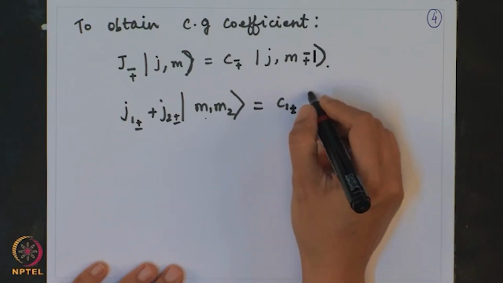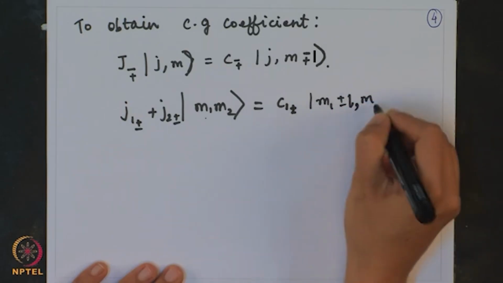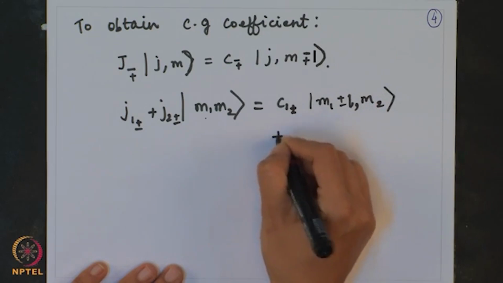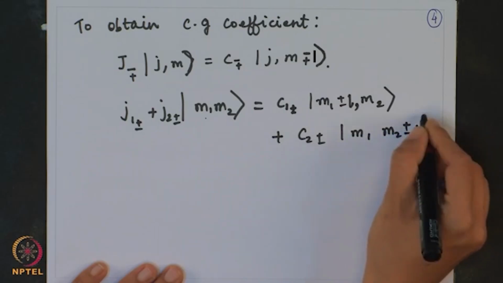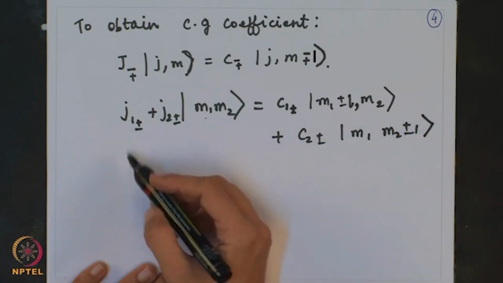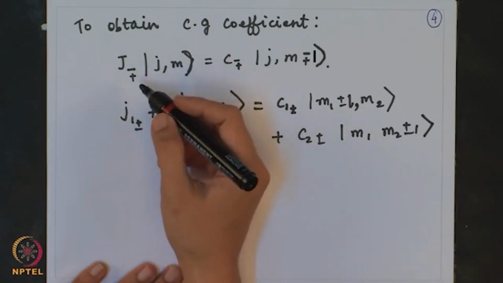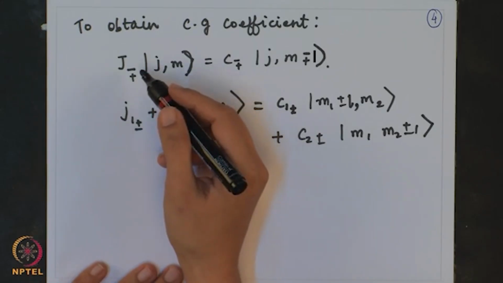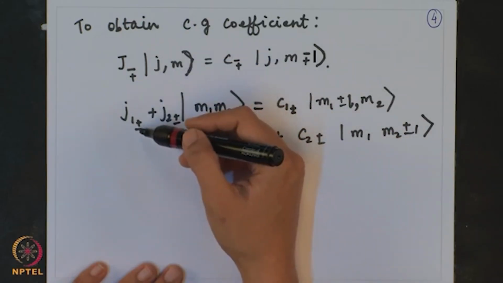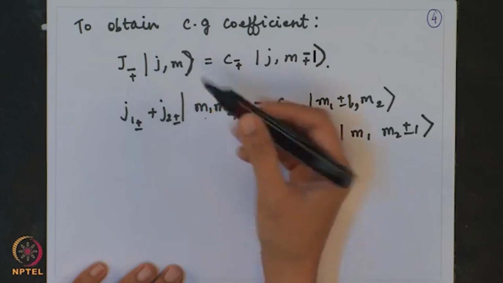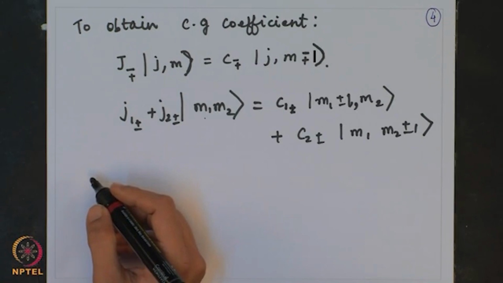So, C1 will give me M1 plus minus 1 comma M2, plus C2 times M1 comma M2 plus minus 1. So, the state will be either lowered or raised by a factor of 1 depending upon which operator you are operating. J plus will raise the state by 1 and J minus will lower the state, that is M, by 1.